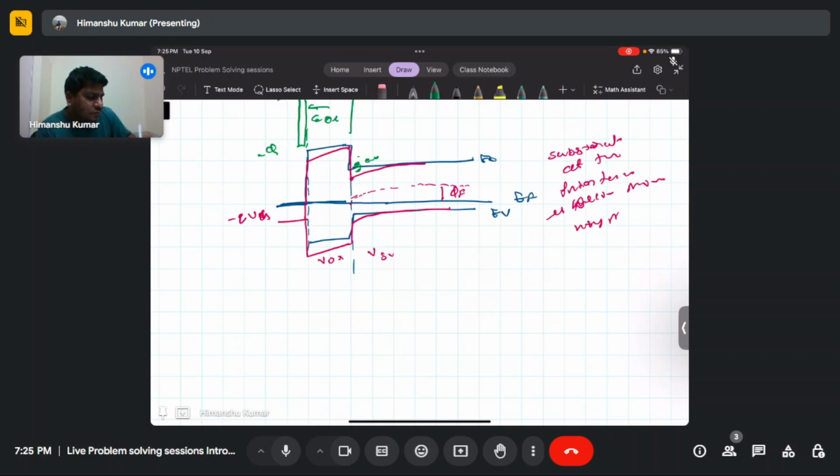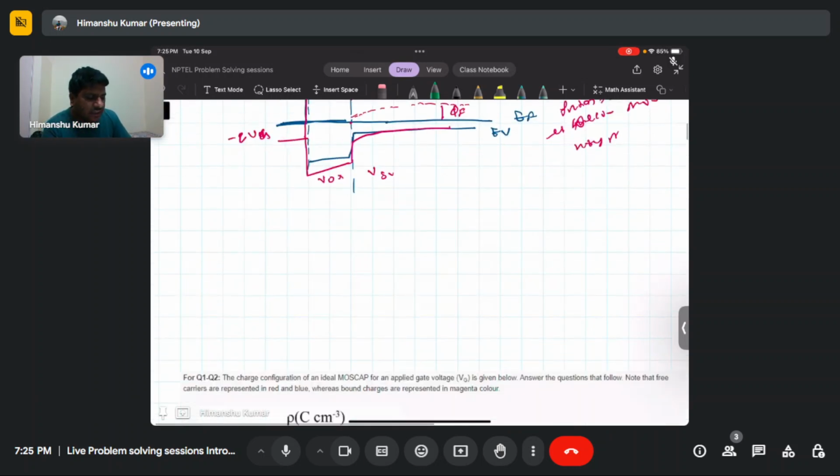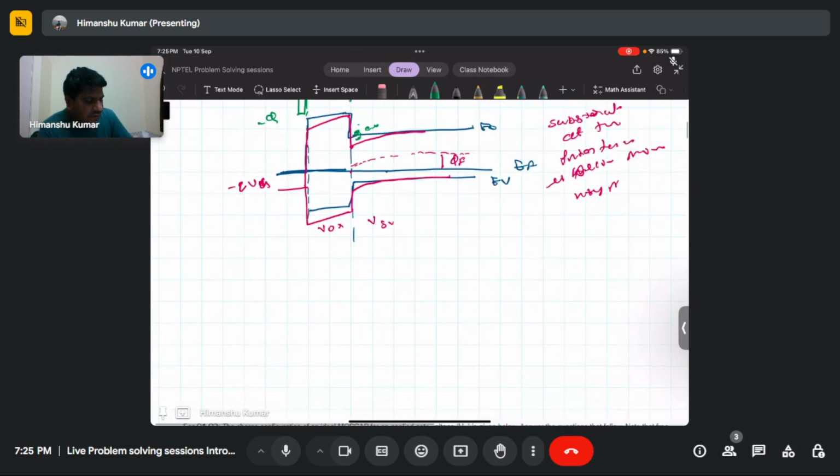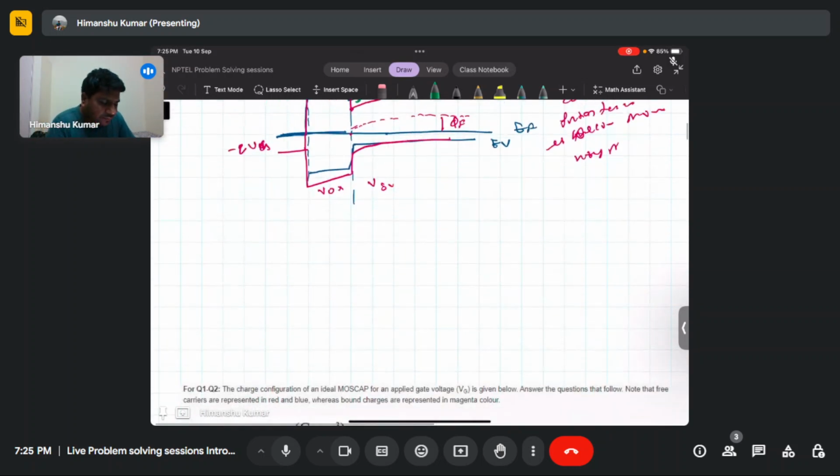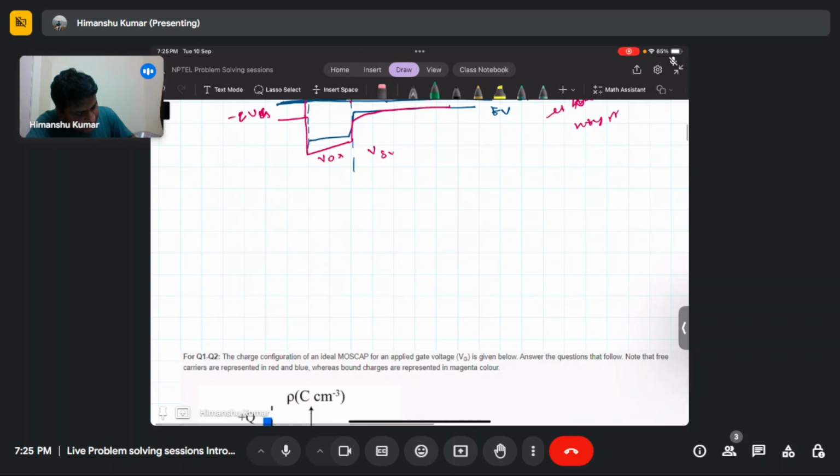That's why this is known as the depletion region, and you can draw the charge picture.